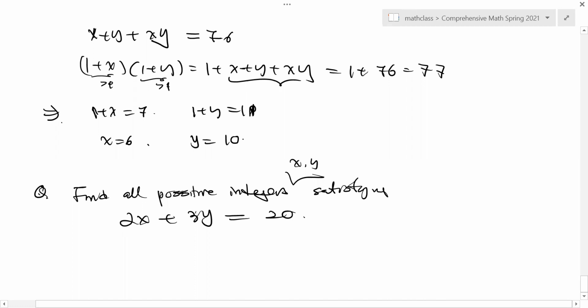Now I can even put another large number, 50. It's fine. Find all the solutions.